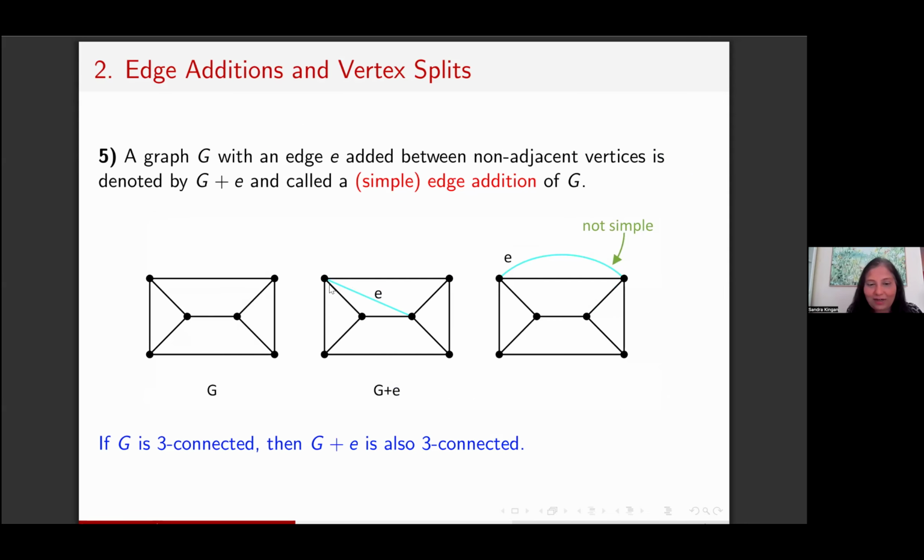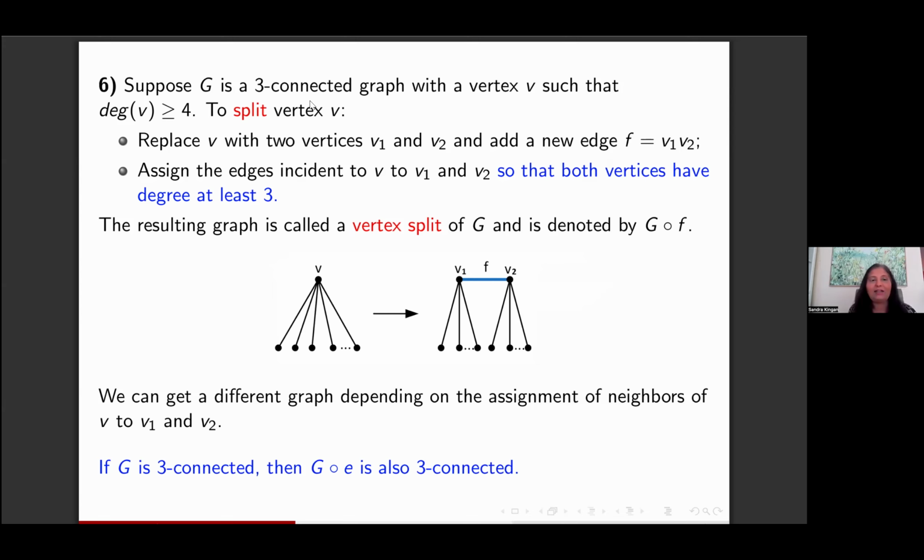Of course, you can add edges between other vertices and maybe get a different graph, but not in the prism. The prism has just one non-isomorphic edge addition. But let's talk about vertex splits. Now, for a vertex split by itself, you don't technically need the degree of the vertex to be at least 4. We're just putting that in so that we can guarantee that our vertex split is 3-connected.